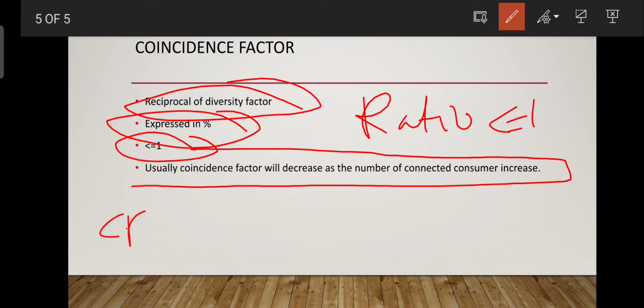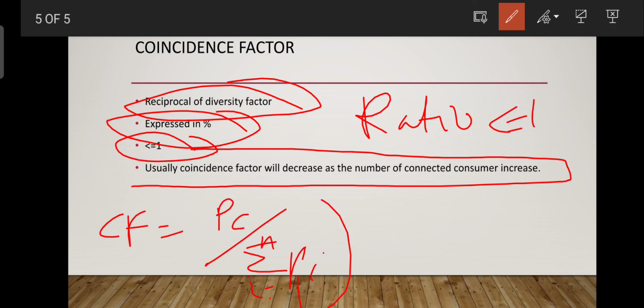Coincidence factor is also written in mathematical form: coincident maximum demand Pc divided by the sum of individual maximum demands, that is, summation of Pi from i equals 1 to n. In mathematical form, it is the reciprocal of the diversity factor.